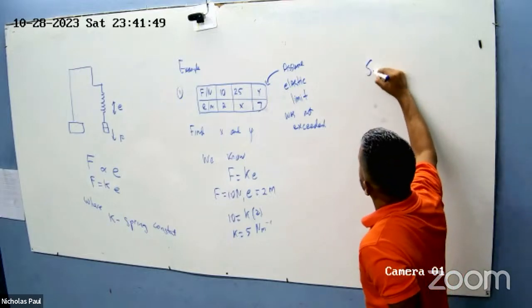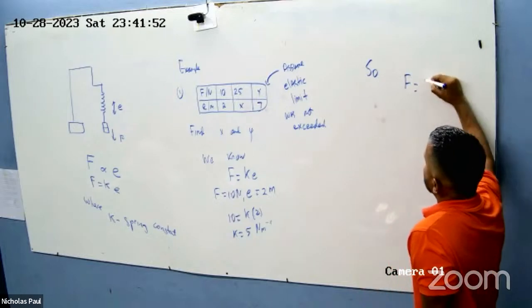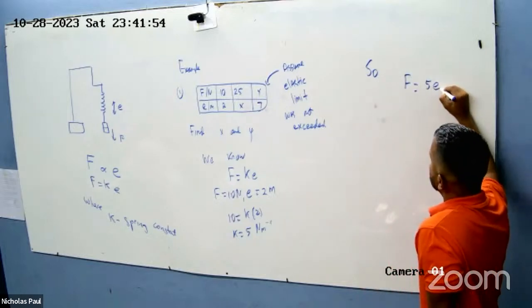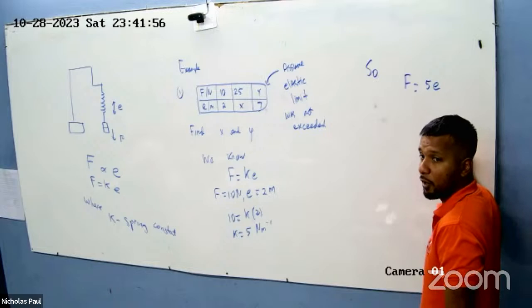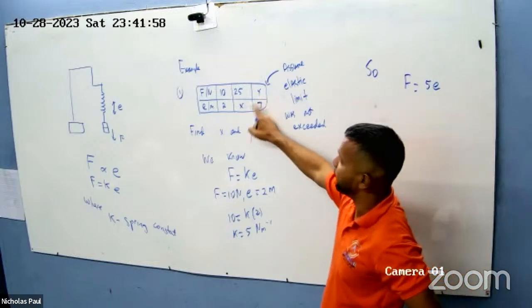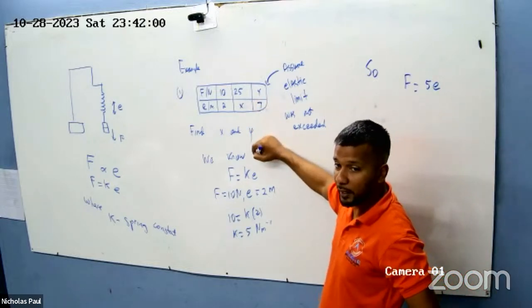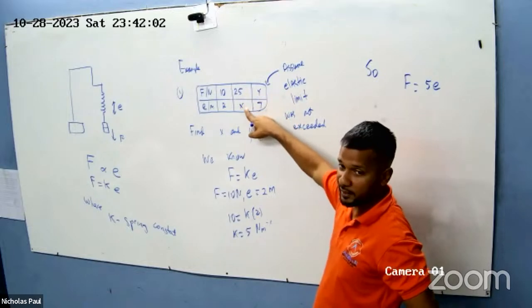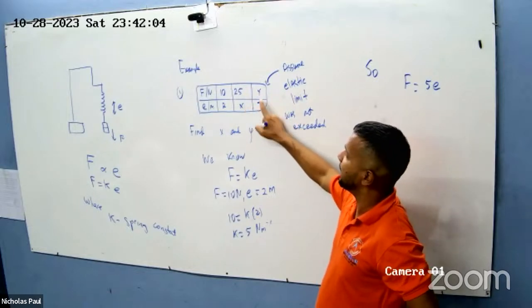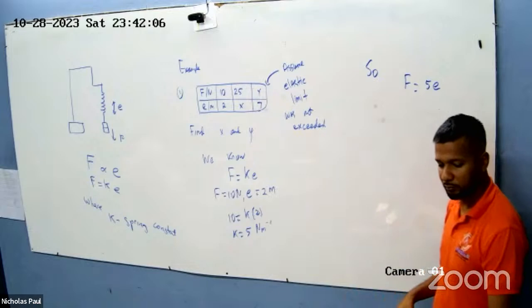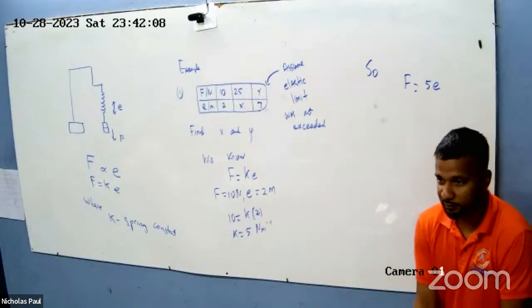So what do we know? We know F is equal to K times E, where K is 5. Now we can find anything we need. When F is 25, find E. When E is 7, find F. Try that now. Give me a minute.